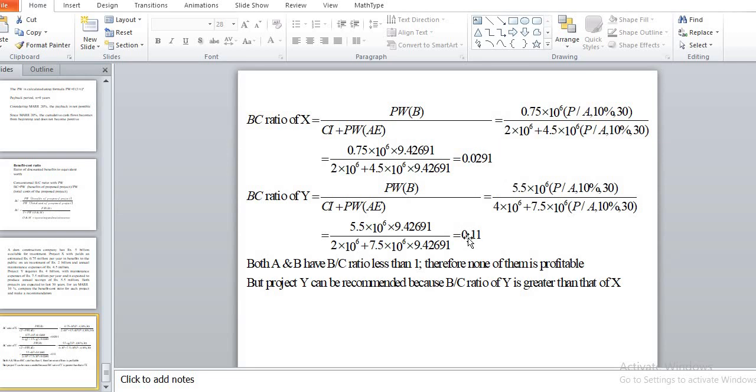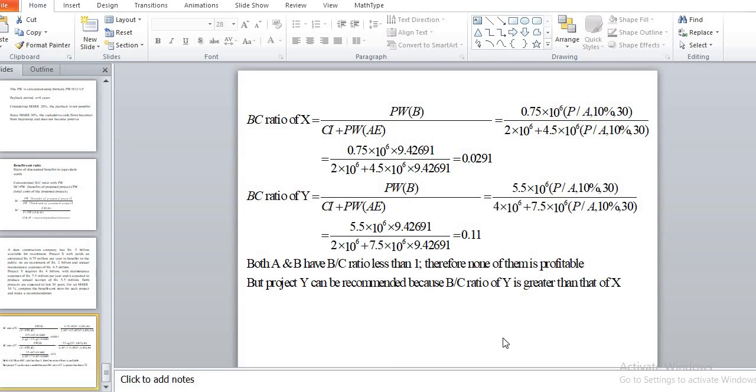But between these two projects we can select Y, because its benefit to cost ratio is higher than that of X. Still, since both ratios are less than 1, neither is desirable or profitable.